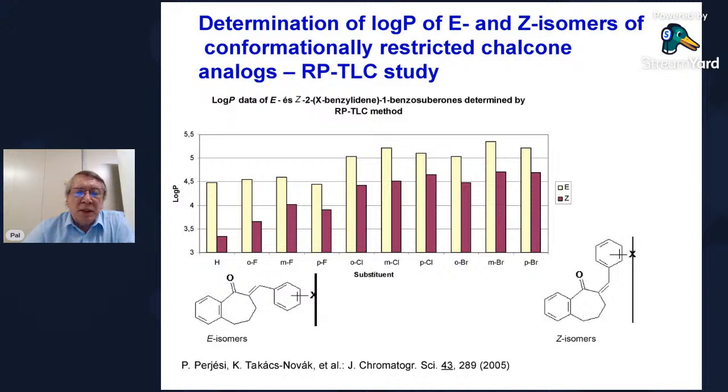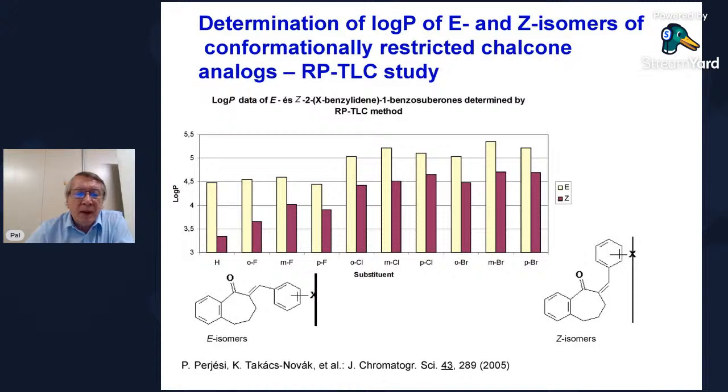As it was mentioned in the first lecture of this series, the compounds can undergo easy isomerization. And we also investigated how the E-Z isomerization of the seven-membered ring series has changed, using a validated reverse phase thin layer chromatography method.